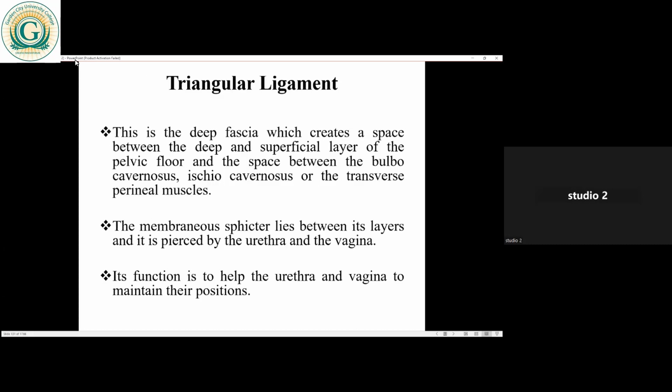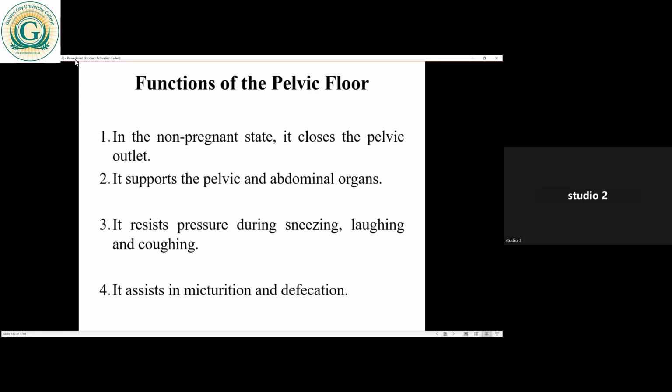Now, we mentioned all of them, what we call the inner deep muscles and superficial muscles. Lumping them together, let's see the function of the pelvic floor itself, or pelvic floor muscles. Their function is this: in the non-pregnant state, it closes the pelvic outlet. Two, it supports the pelvic and abdominal organs found in the pelvis. It resists pressure.